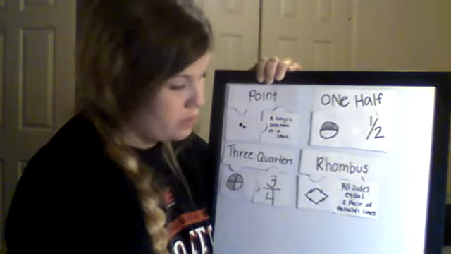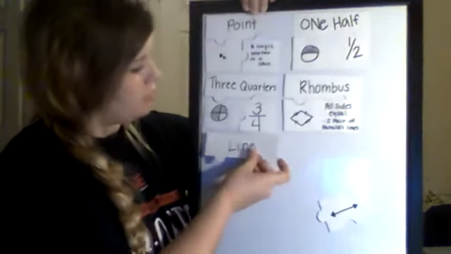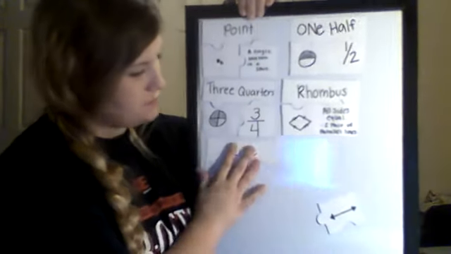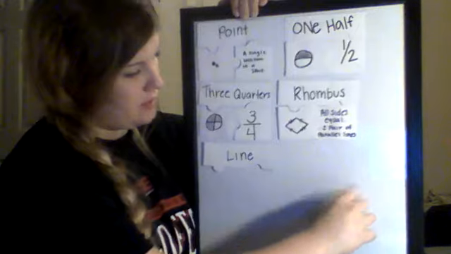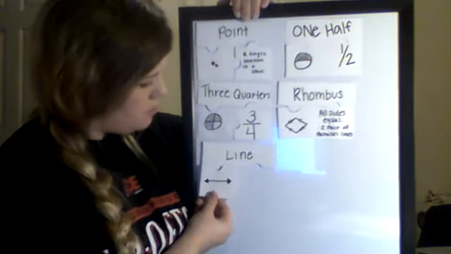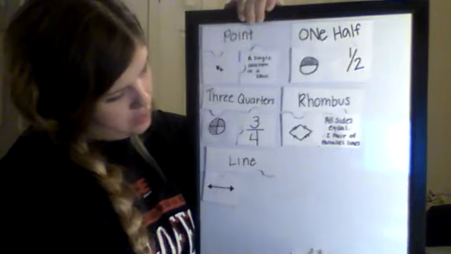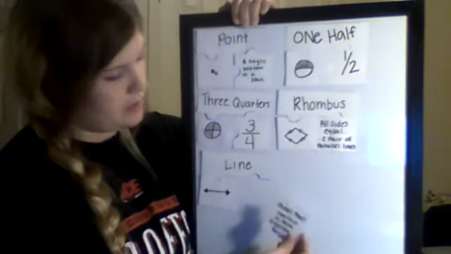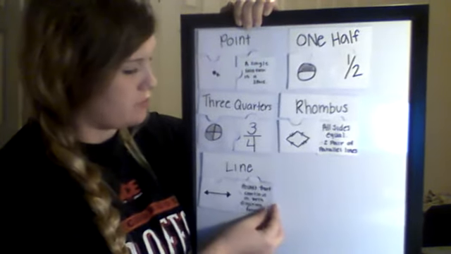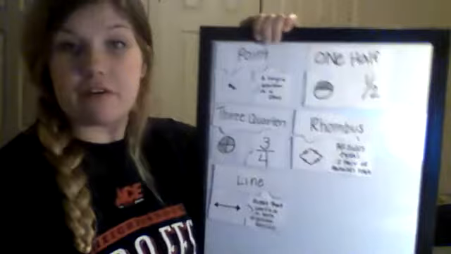And I do have one more definition, and it would be line. This is a little easy because it's my last one, but a line is points that continue in both directions forever.